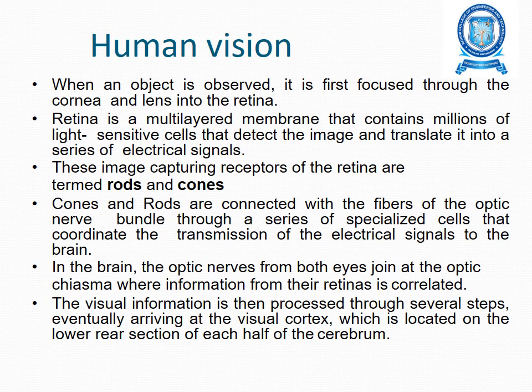The rods and cones are held together by the fiber optic bundles. In general, the rods and cones are in a suspended form. They are connected together by these nerve fiber bundles through a series of specialized cells that coordinate the transmission of electrical signals to the brain.